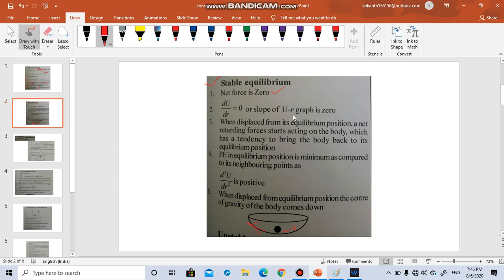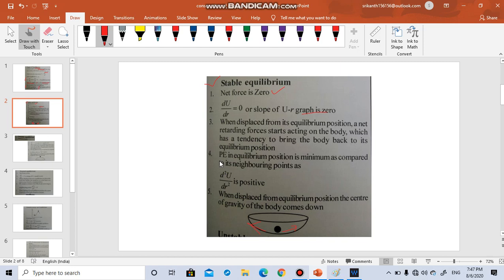Here the slope of your graph will be equal to 0. Did you do anything to bring this ball to the stable state? You did nothing. So it will not move from its position; it will stay there. It finally chose that particular position.